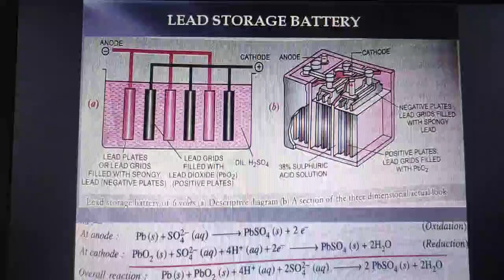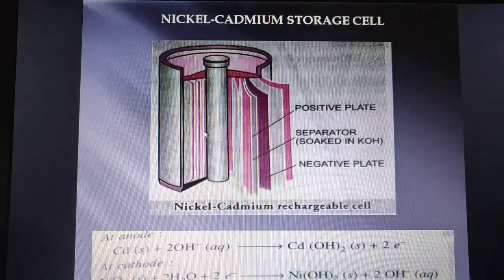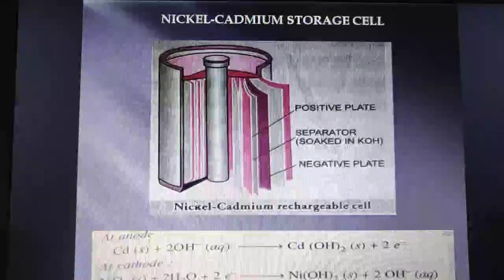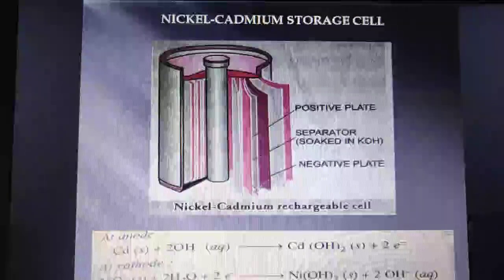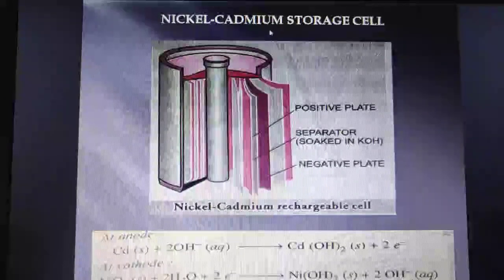Now let us see the next storage battery, that is nickel cadmium storage cell. The 3D structure of the cell looks like this. It has a longer life than lead storage cell but is more expensive due to the expensive metals.